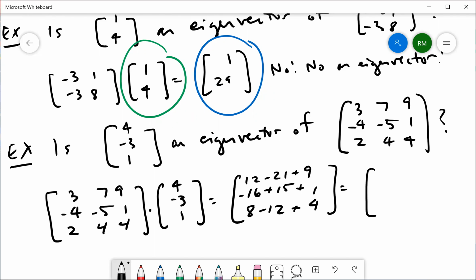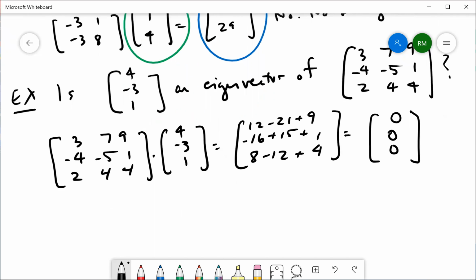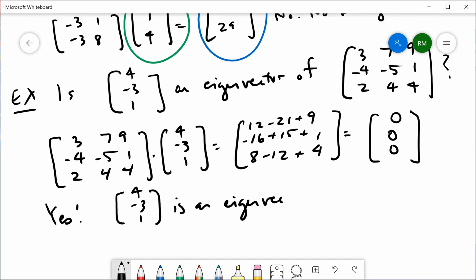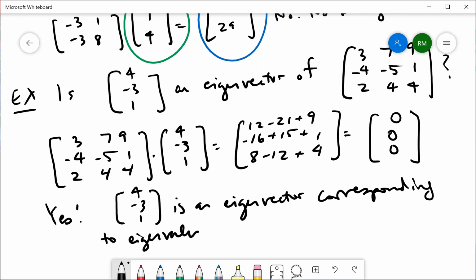And I believe what we get is 0, 0, 0. Yes, this actually is an eigenvector. What's the eigenvalue? You probably guessed it. It's lambda equals 0.